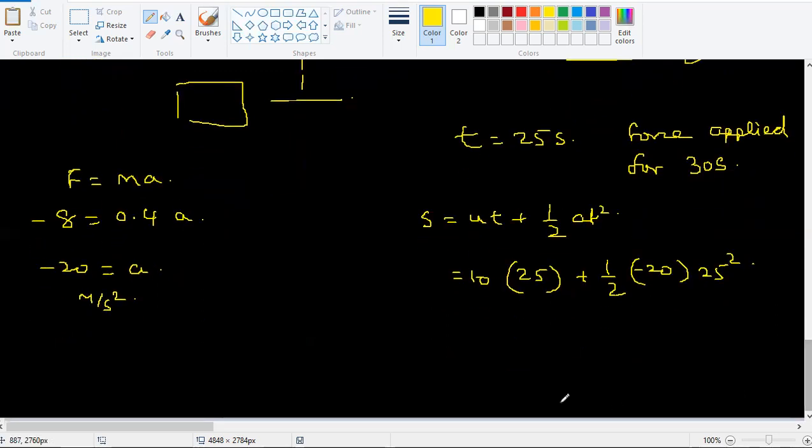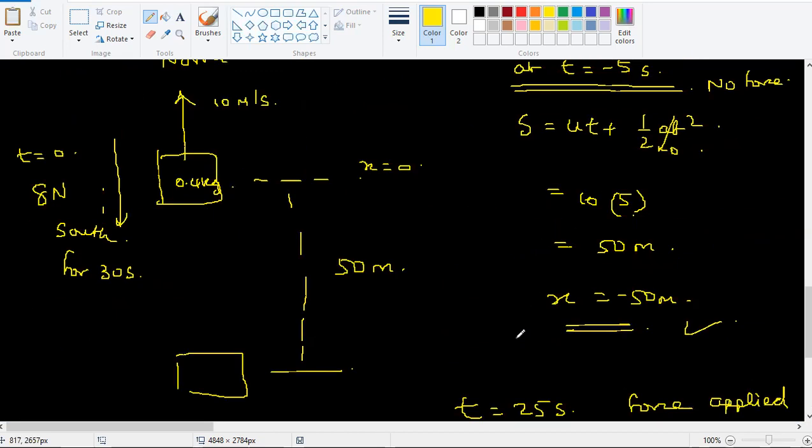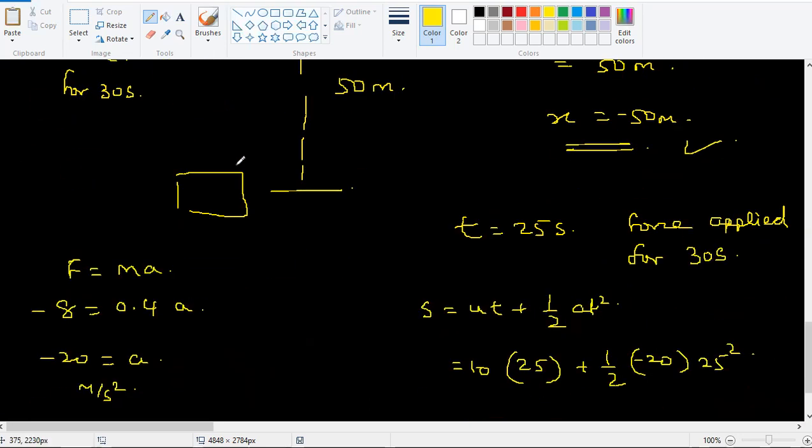Minus 6,000 meter. Converting to kilometers, minus 6 kilometers. Minus, why minus? It's already having some velocity, so 10 meter per second. The acceleration is more than that. It's 20.